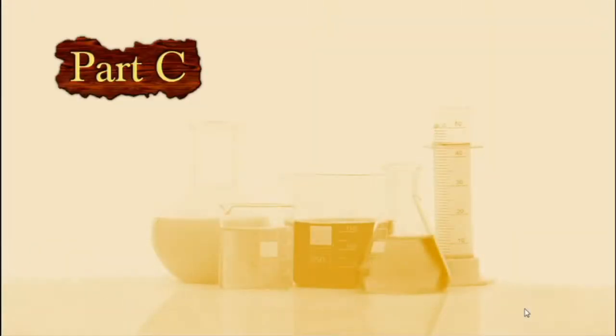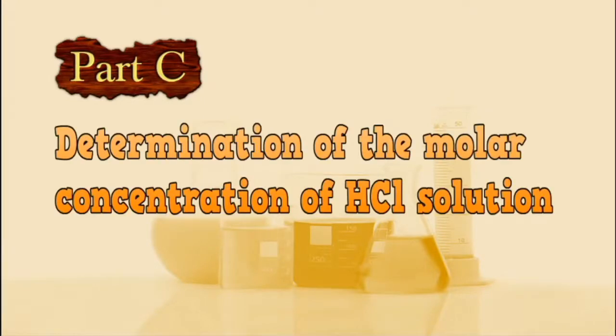Alright, we have come to the last part of this experiment, part C. In this part C, we are going to determine the molarity, or the molar concentration, of the hydrochloric acid solution. Remember, what we did in part C was the same as part B. The change was just that we are using a different acid.